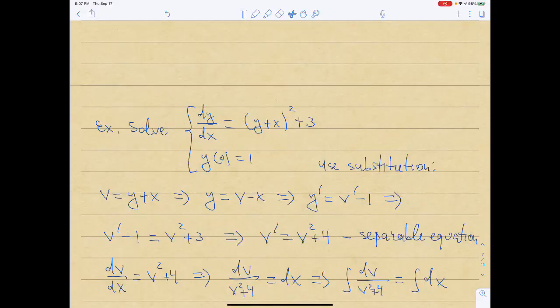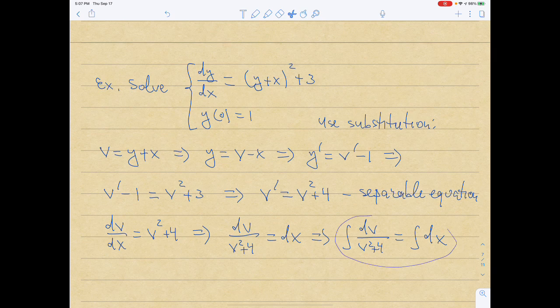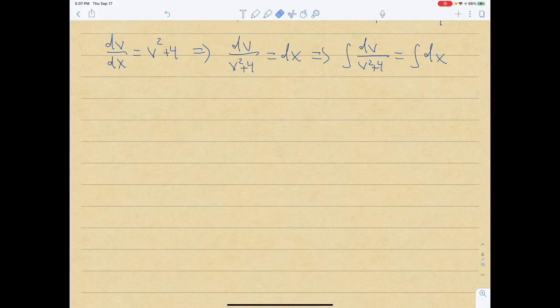All right, so v prime is dv dx. Separate variables. We get an equation like that. Then integrate both sides and hope that you will be able to compute the integrals. So let's see, the integral on the right, of course, is very simple. It's a log of absolute value of x. What about the integral on the left? So then integral dv over v squared plus 4.